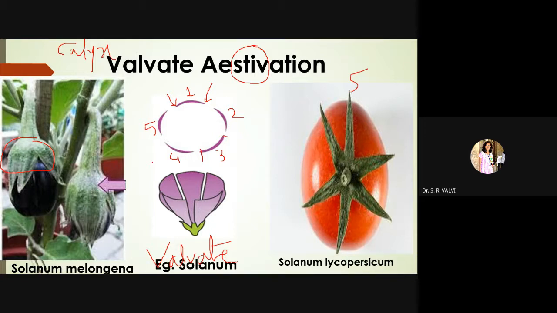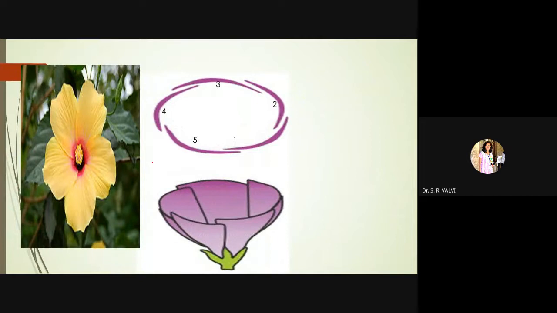Next, this thing. Okay, so here what we are observing, this is the flower of hibiscus. Again count, just count. Here we are observing petals, but the same kind of estivation is present in case of sepals. Okay, right? So here you can count 1, 2, 3, 4 and 5. Same kind of estivation would be there in case of these things, right? So here also I have given the numbering 1, 2, 3, 4, 5, right?